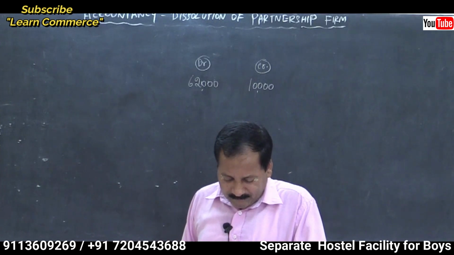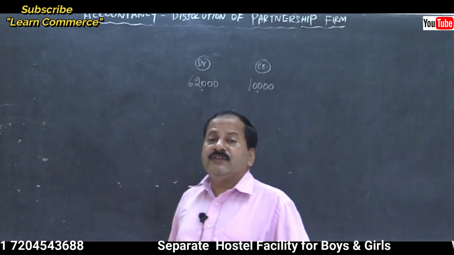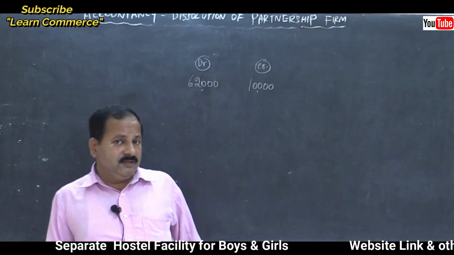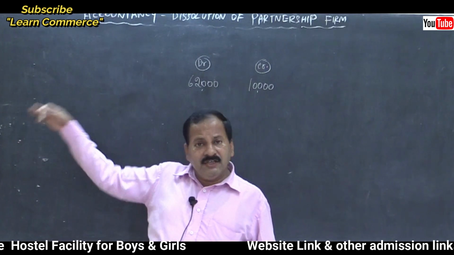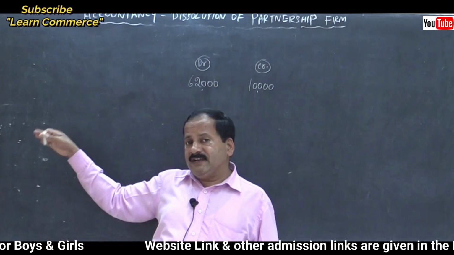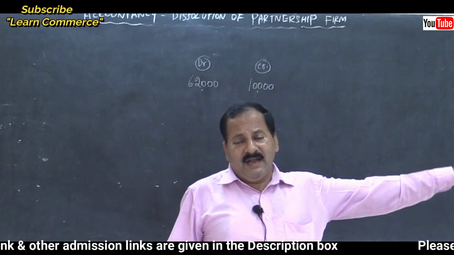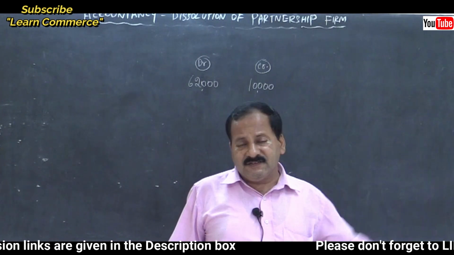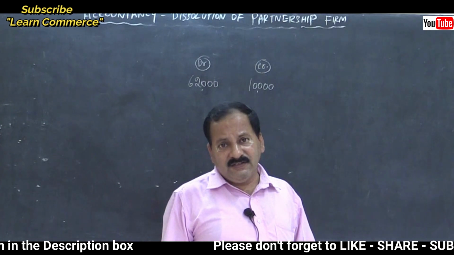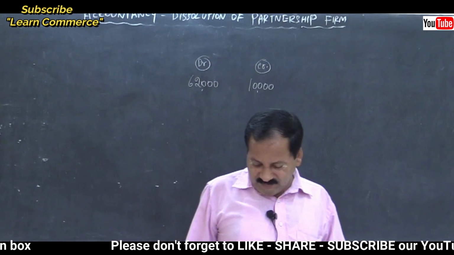Expense on realization amounted to rupees 2,200. So you know it very well. On the debit side to bank account, expense on realization, you will write the amount, and in bank account on the credit side, by realization account, expense on realization paid. Correct? Yes. Problem is solved.